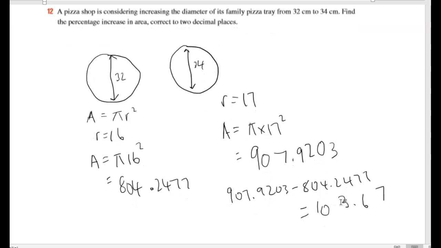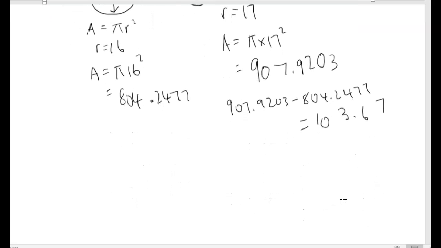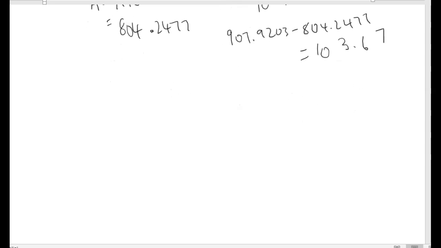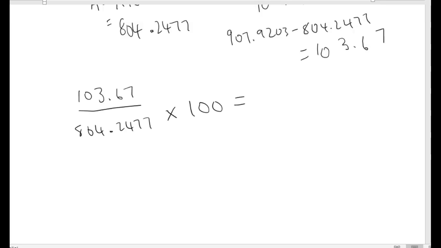All right, scroll up. So we want to know the percentage increase. The amount it's increased by is 103.67, and we put that over our original amount, which is 804.2477. Just to turn it into a percentage, we'll multiply that by 100.